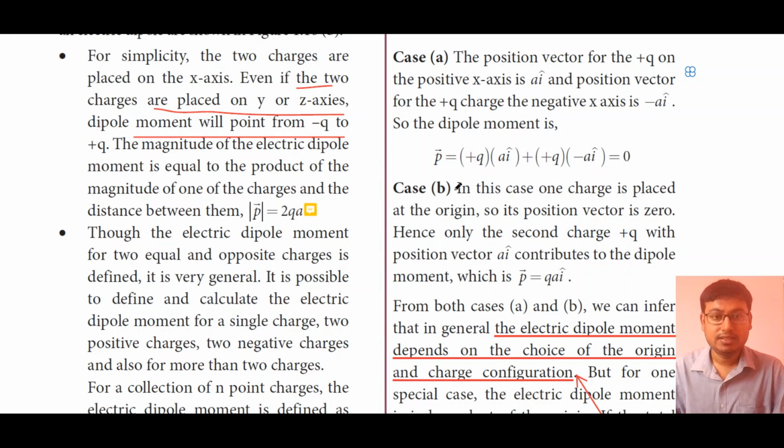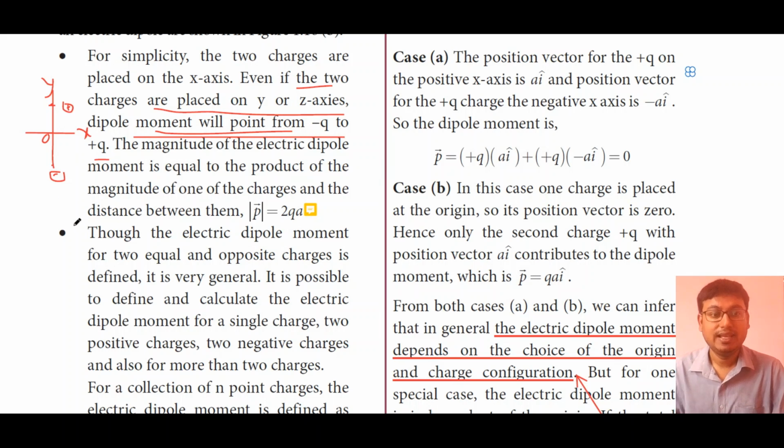Suppose this is the x-axis, this is the y-axis, this is the origin. Above we have plus y and below we have minus y. One charge, a positive charge, lies on the positive y-axis and the other lies on the negative y-axis. Even in that situation, the dipole moment will point from negative to positive charge.